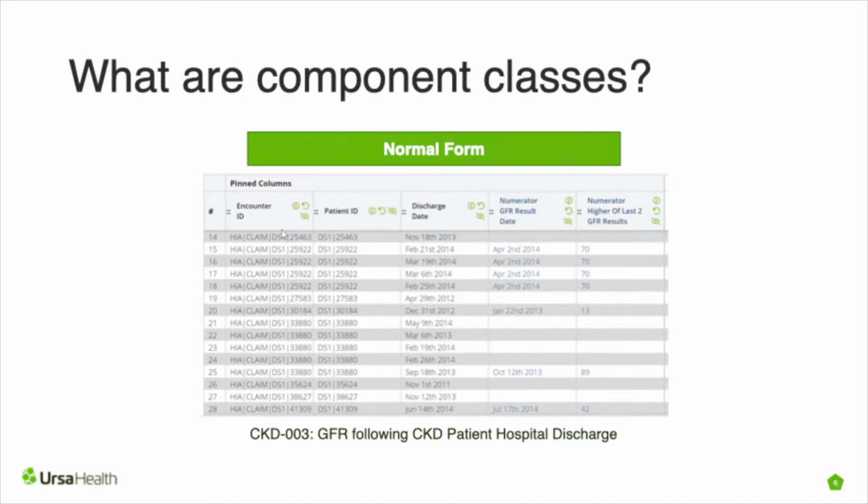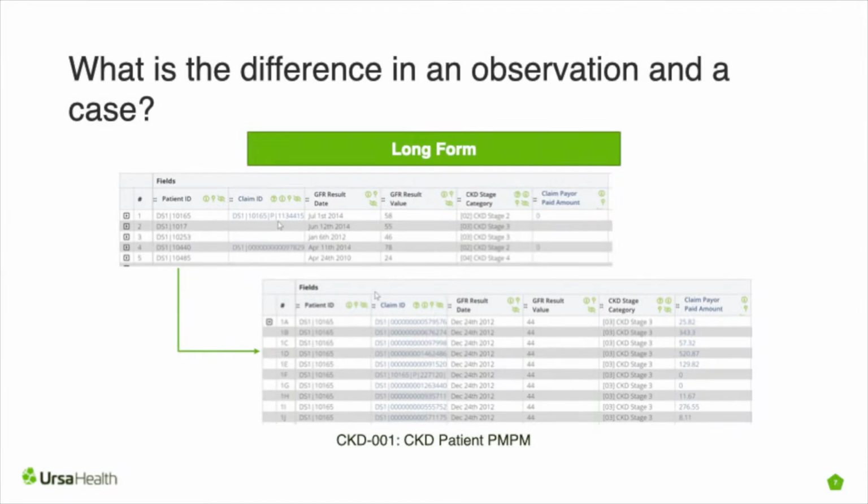In contrast, the long form component class is one where there can be any number of numerator records associated with a single denominator observation. So, long form measures can have more than one relationship between denominator observations and numerator records.